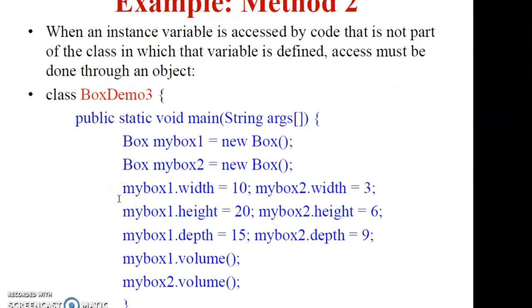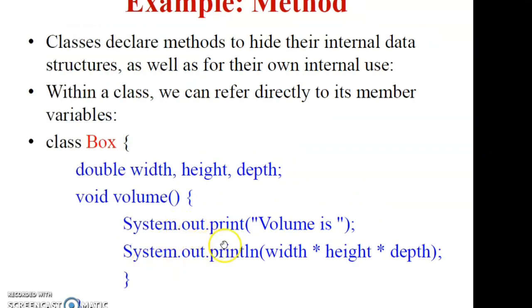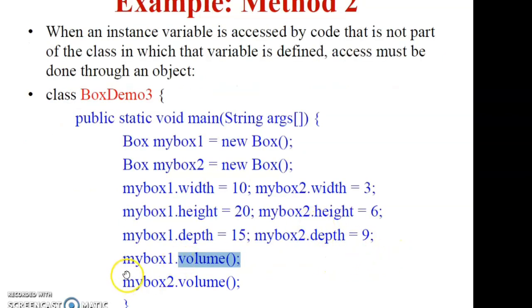So the object can execute the volume function. When the execution comes here, the volume function will be executed. So here it will display system.out.println height into width into depth. So for my box 1, the width into height into depth will be calculated here.